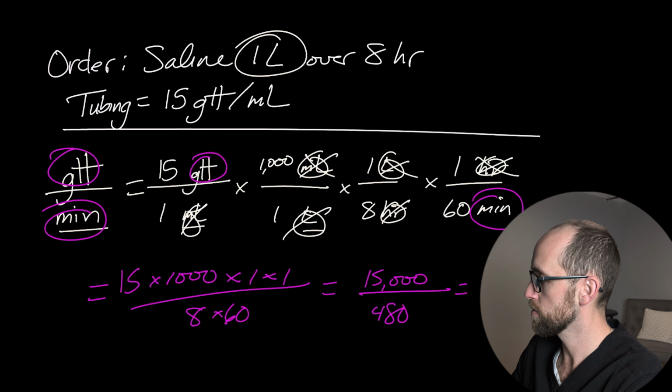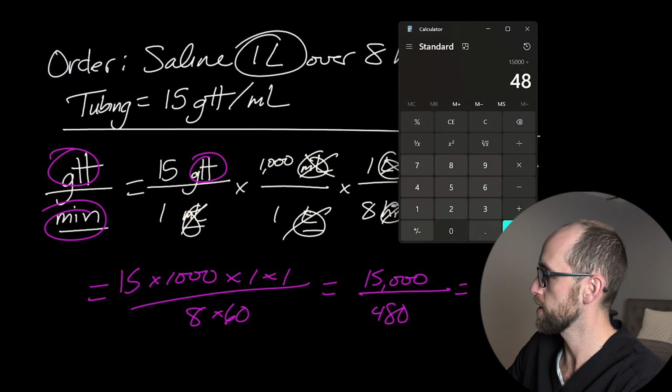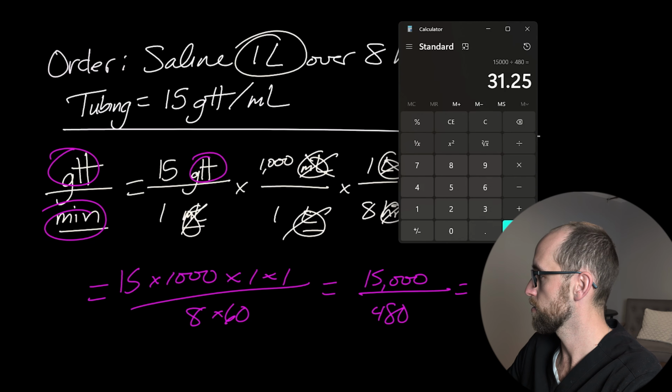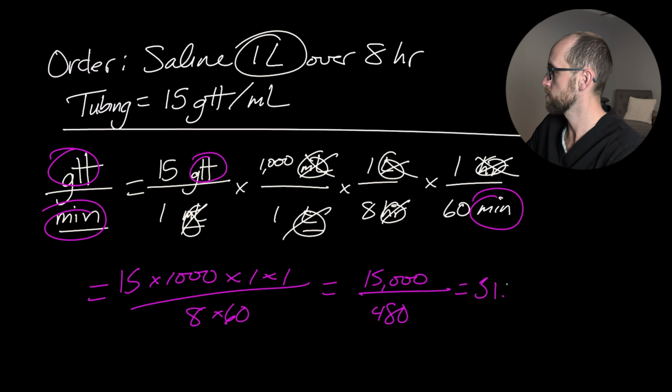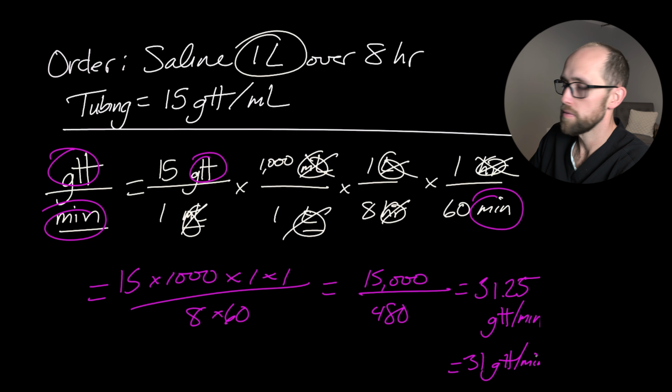So that equals 15,000 divided by 480, which is 31.25 drops per minute. Now with drops, you're always going to round to the nearest because you can't count a 0.25 drop in reality, so that would round down to 31 drops per minute.